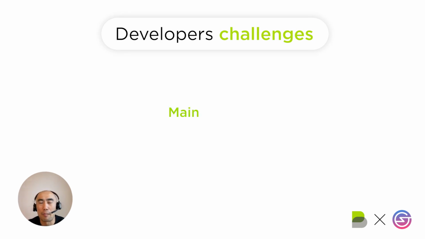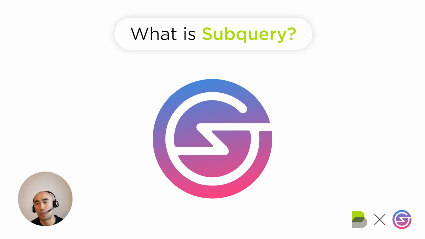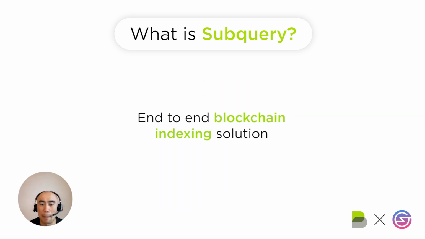So the main problem is actually where and how to get blockchain data to drive the amazing applications, the mobile apps, the decentralized apps or dApps that they are creating. So this is where Subquery comes in, because Subquery is essentially an end-to-end blockchain indexing solution.